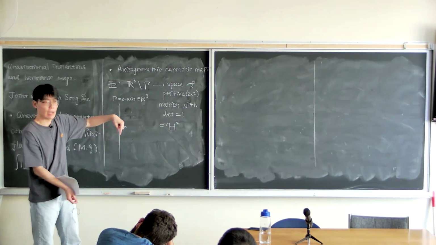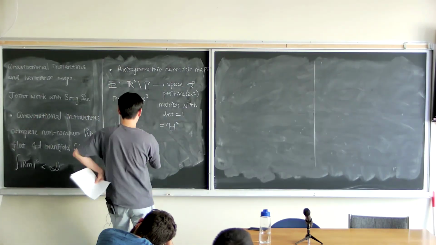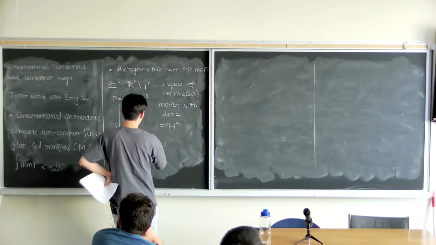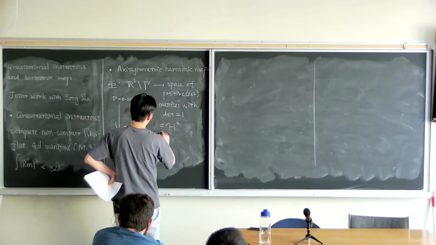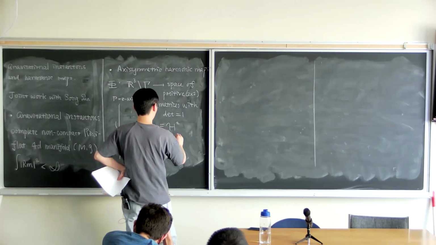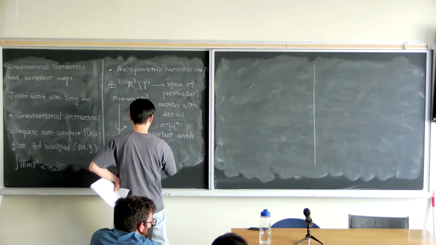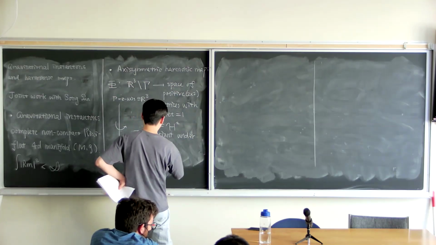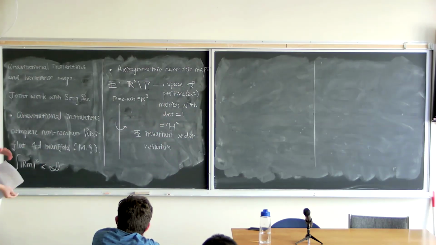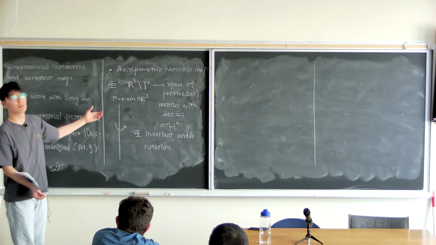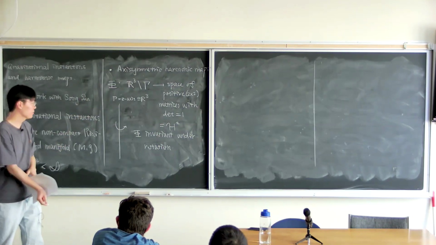So that's my axisymmetric harmonic map. Okay. So that's the harmonic maps that I'm going to talk about in my talk, axisymmetric harmonic maps.